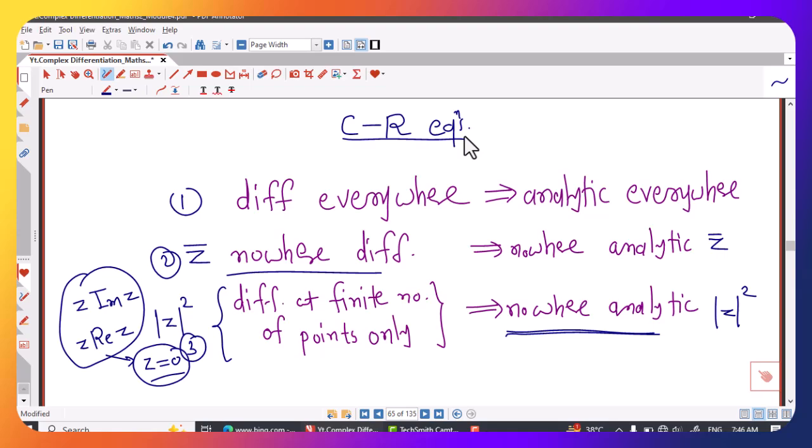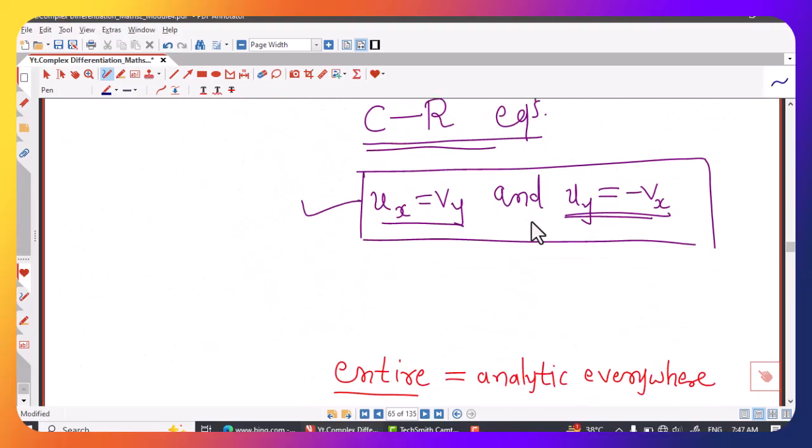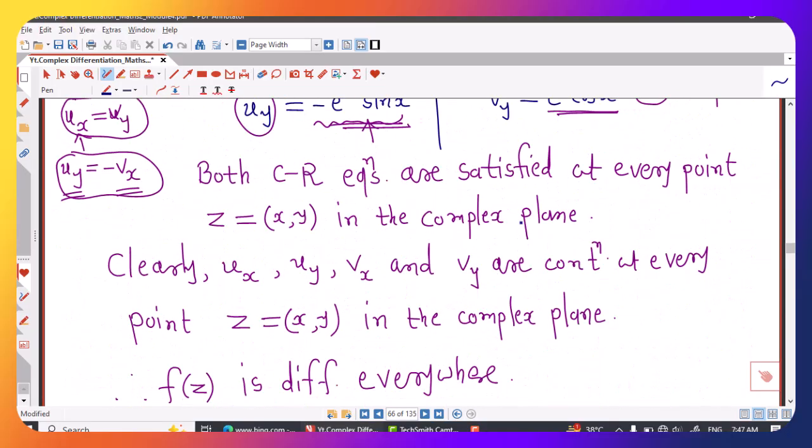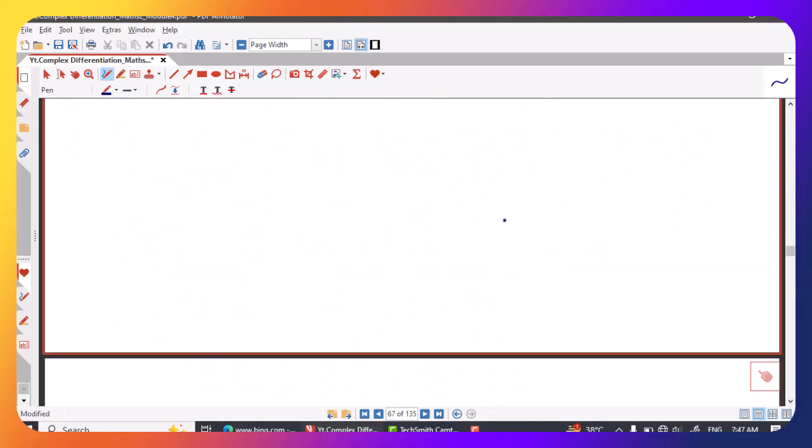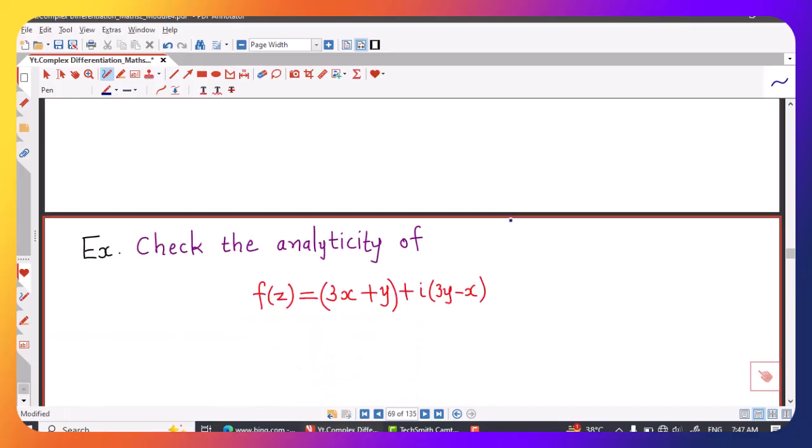All we have to concentrate on is those points where the function satisfies the Cauchy-Riemann equations, or the real and imaginary parts of the function satisfy the Cauchy-Riemann equations. So this is very easy. You can easily check whether a given function is entire or analytic or differentiable, or you can check the Cauchy-Riemann equations.